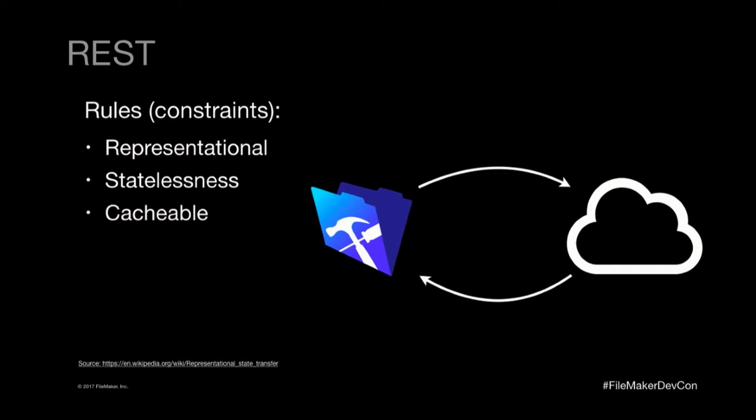Cacheable. Sometimes we make many requests to a server, and those requests and those responses can be cached in the middle, okay? And this will help us to improve speed. On demand means that we can download code from the server.